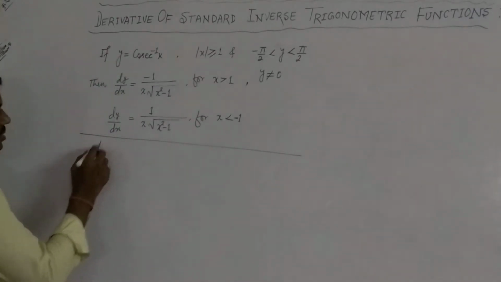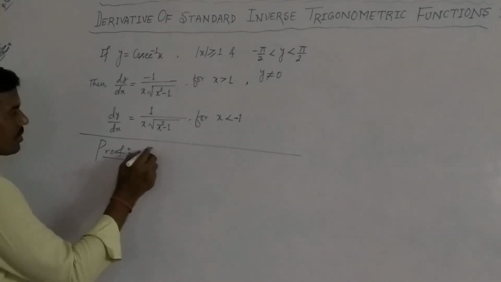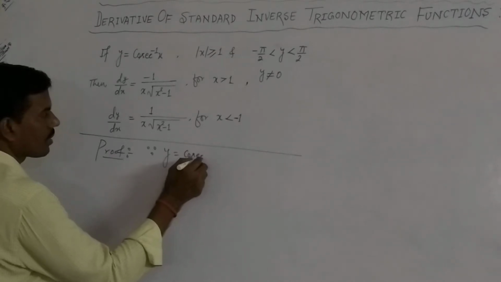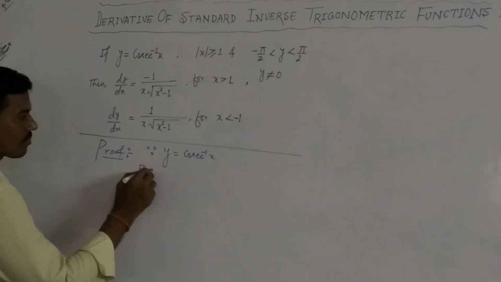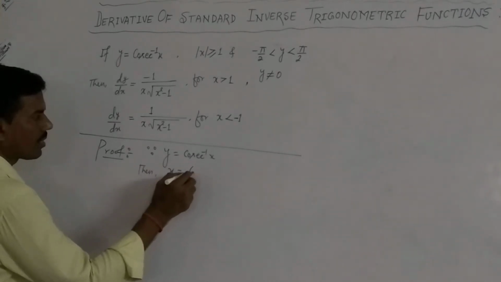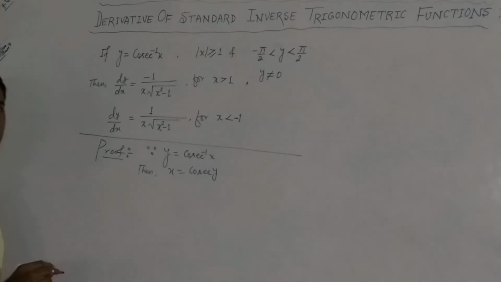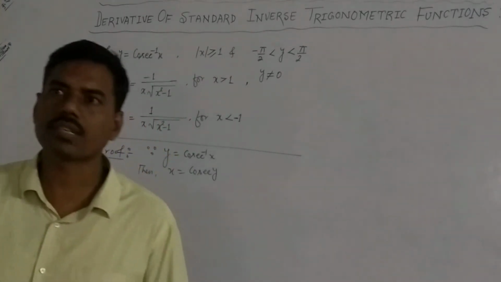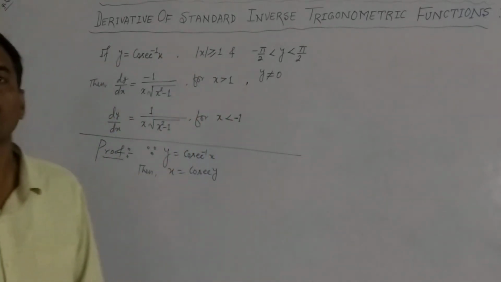The proof of this result is as follows. Since y is equal to cosec inverse of x, x is equal to cosec of y. The next step is taking the derivative of x with respect to y.